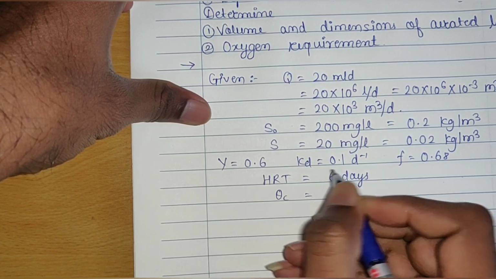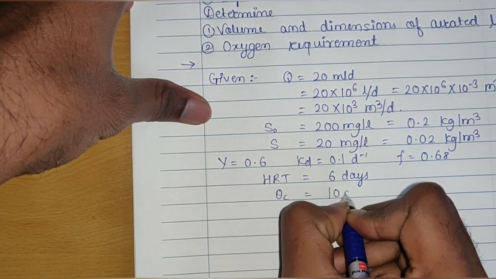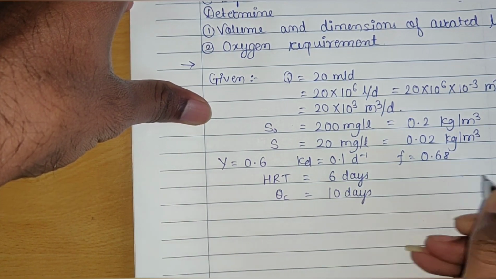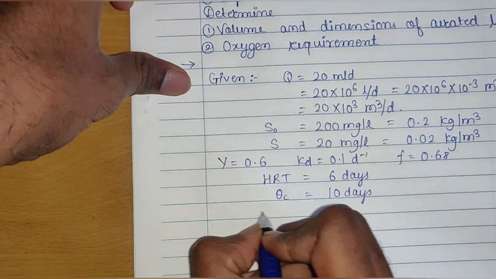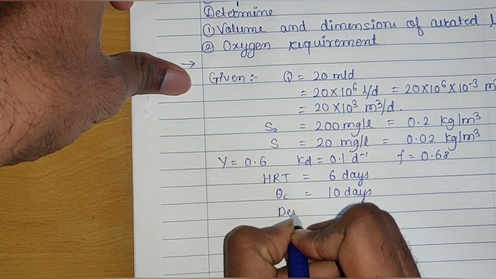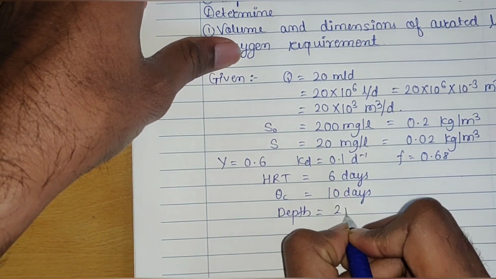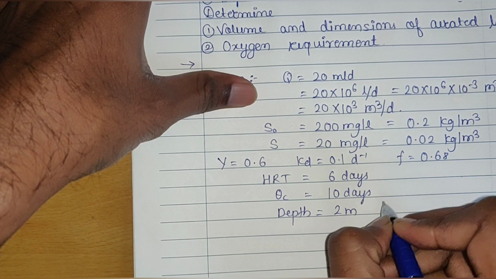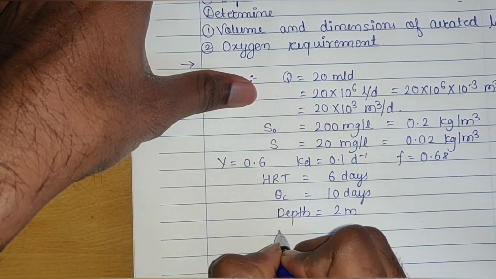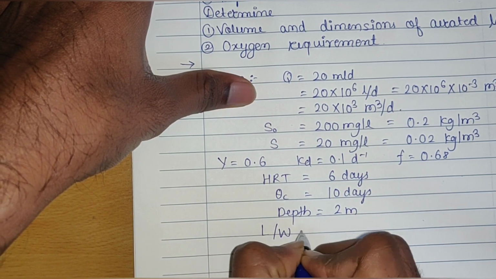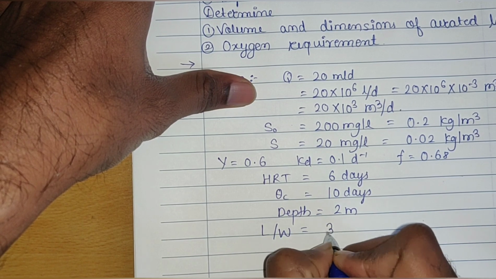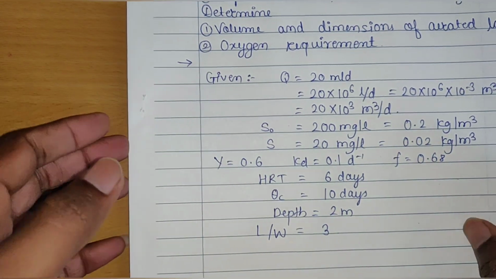Theta c, SRT, solid retention time, is given as 10 days. Depth is given as 2 meter, and L by W ratio is given as 3. Okay. Now let's start the actual design part.